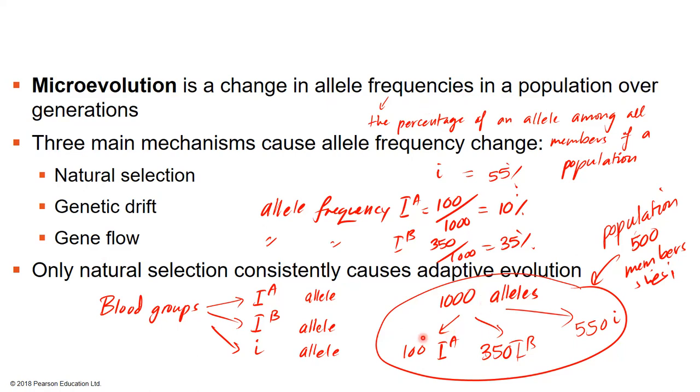We look at all alleles. We determine the number of all alleles for a specific gene, for a specific genetic locus. Okay, so there is a genetic locus or a gene responsible for blood groups in humans, and this gene could be of this allele or this allele or this allele.